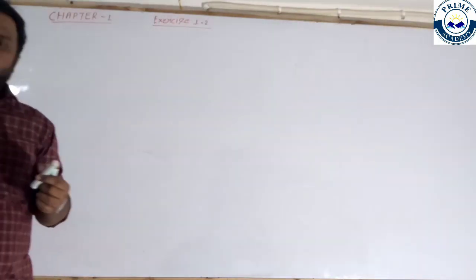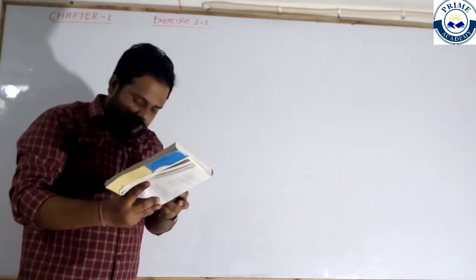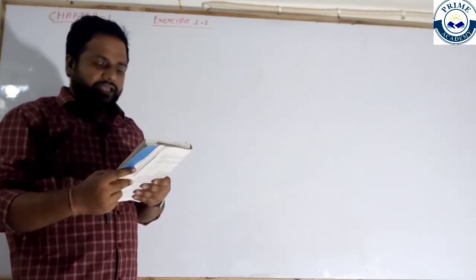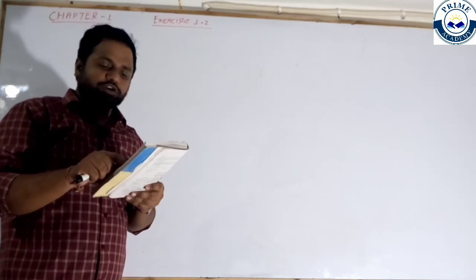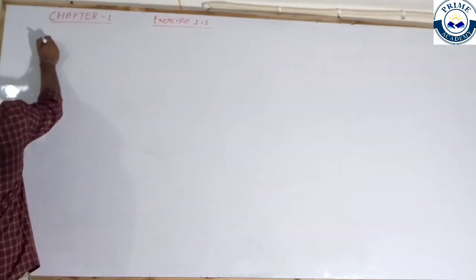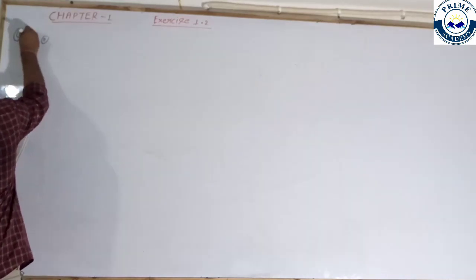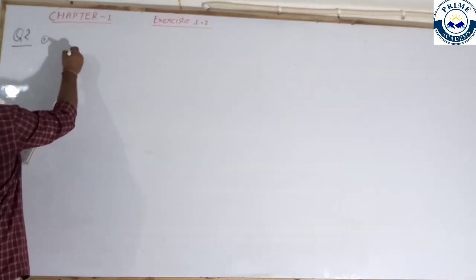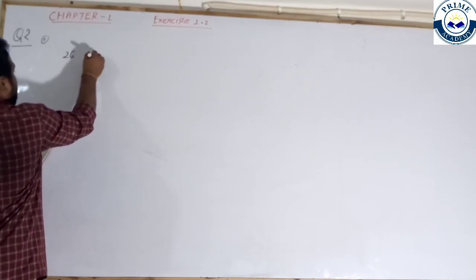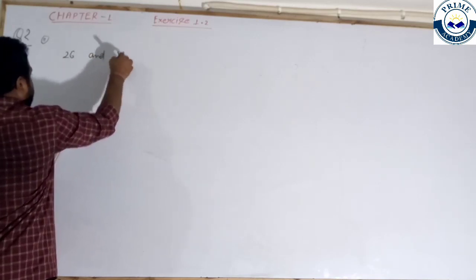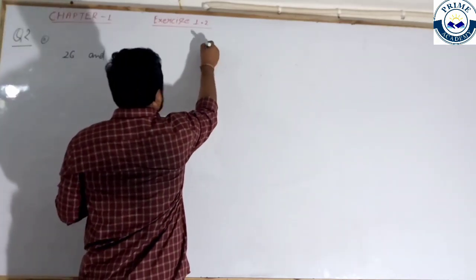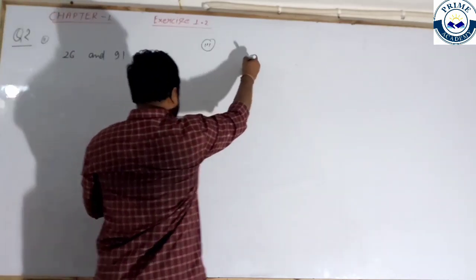Now I am ready with the question. Look at what question number 2 says. In question number 2, you have to calculate the LCM and HCF of the following pairs, right? This is question number 2. First pair is 26 and 91, right? The second one I leave for you, and the third one I am solving.